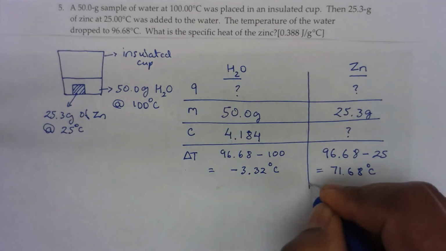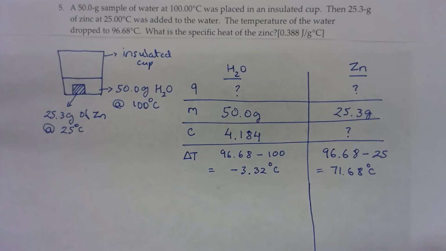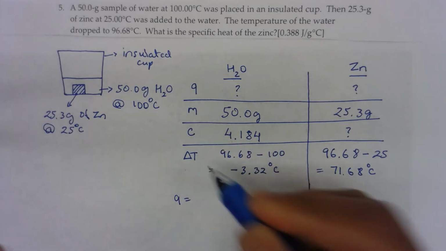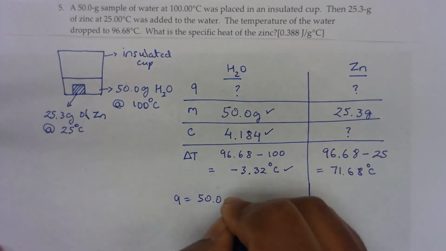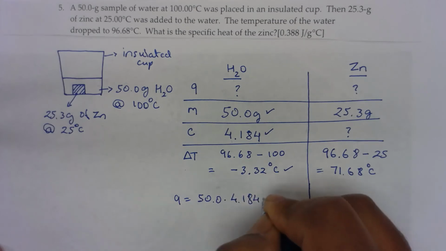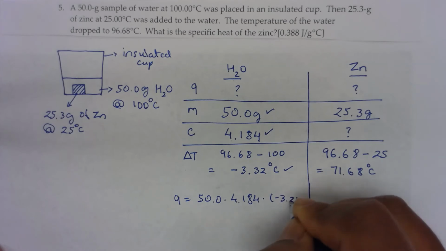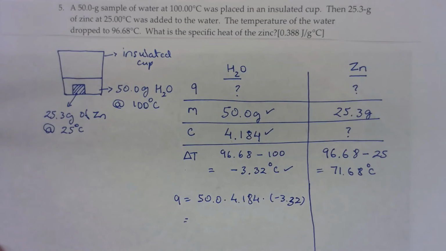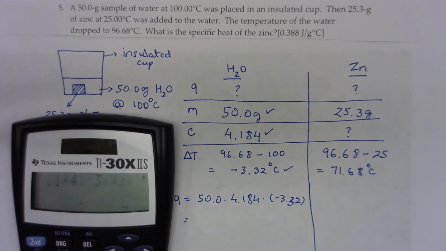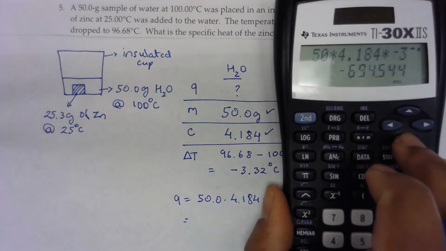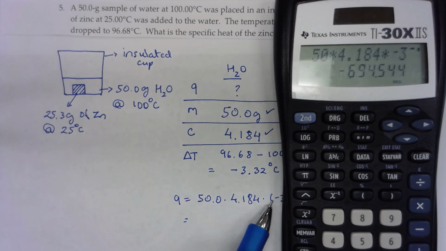And we know that as far as water goes, Q would be equal to mc delta T. So you just multiply: 50 grams times 4.184 times negative 3.32, which gives me a negative answer, which makes sense because we had a negative number to begin with.